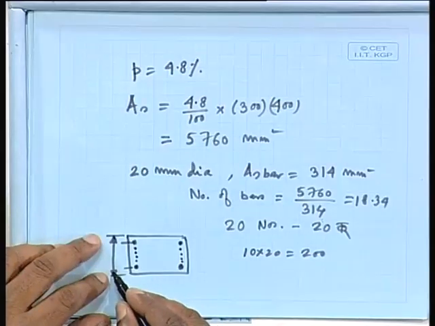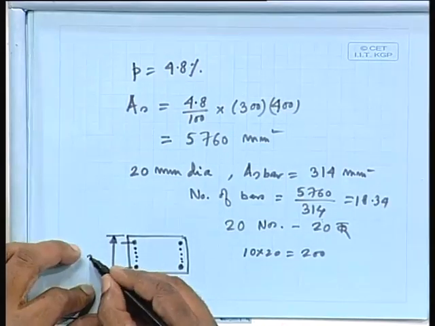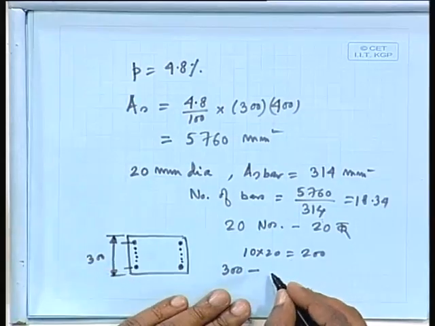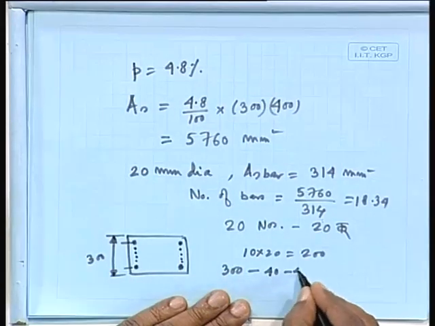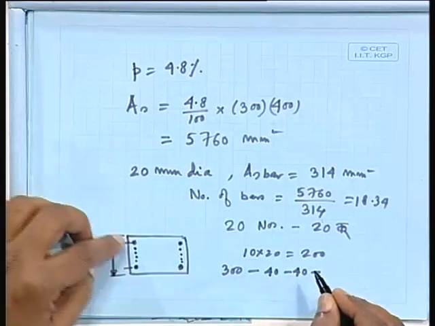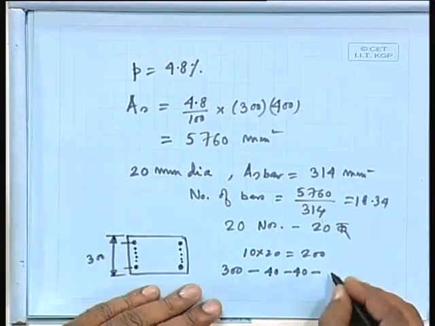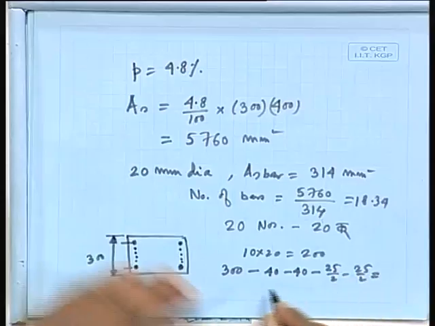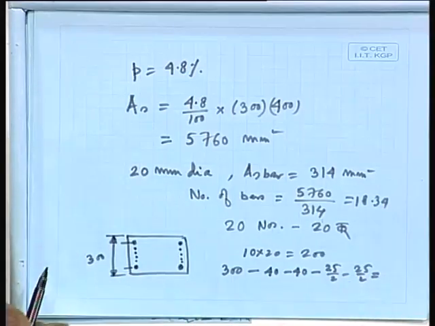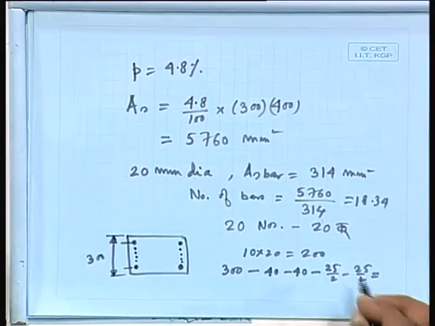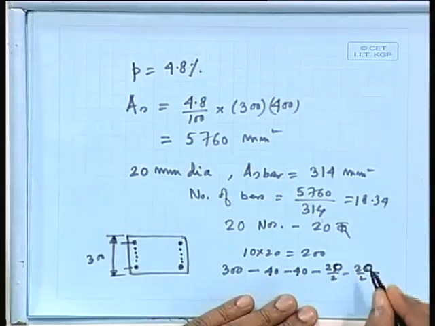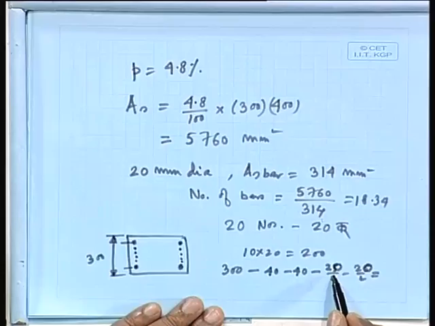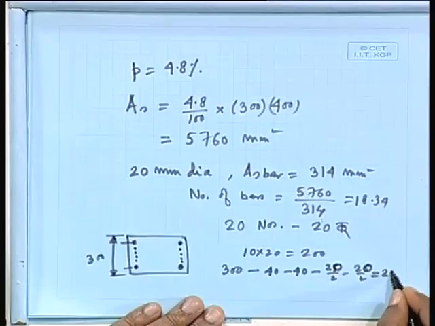So if you provide here 300, then 300 minus clear cover, minus, we are coming to center, so 25 by 2 minus 25 by 2, so 20 by 2, which comes as 40 plus 40, 80, 80 plus 20, 100, so which comes as 200.